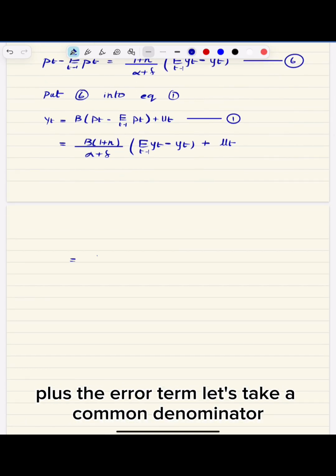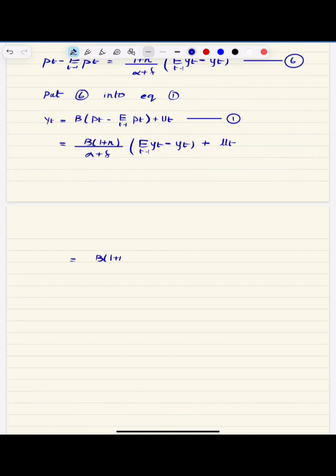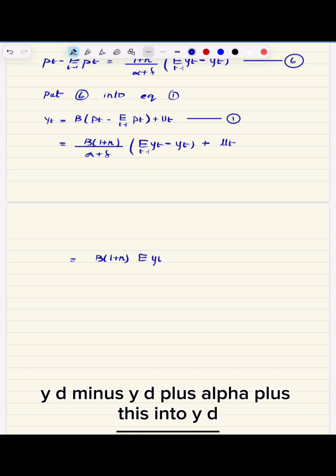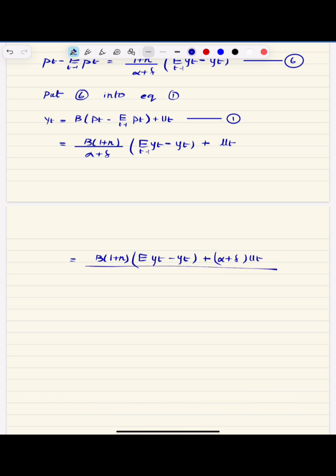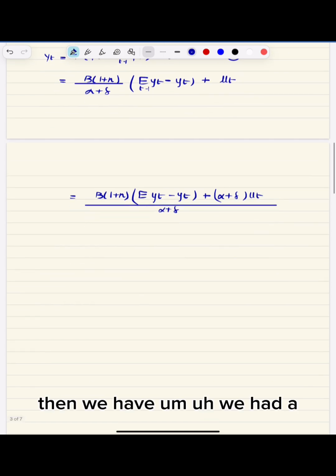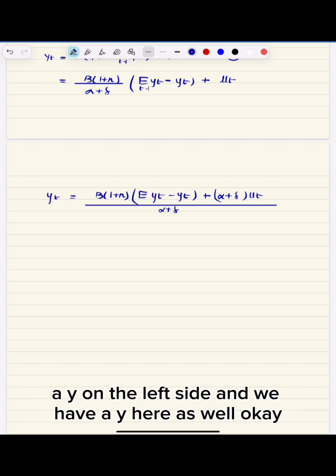Let's take a common denominator. Then we have yt minus yt plus alpha plus this into ut. Okay, then we had a y on the left side, and we have a y here as well.